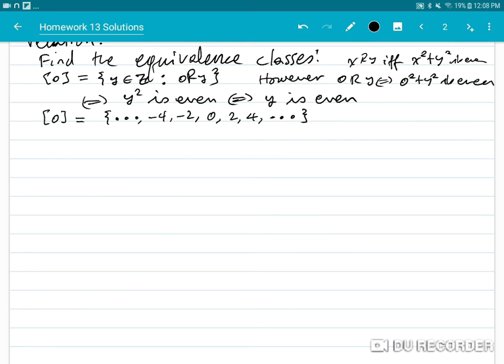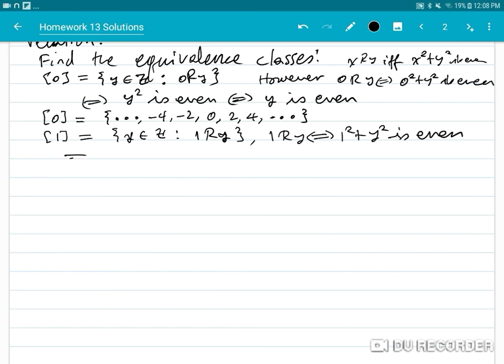All right. Now let's see a missing value here, the integer 1. Let's calculate the equivalence class containing 1. This is the set of all y's such that 1 is related to y. And again, 1 is related to y means that 1 squared plus y squared is even, which means that 1 plus y squared is even, which means that y squared is odd.